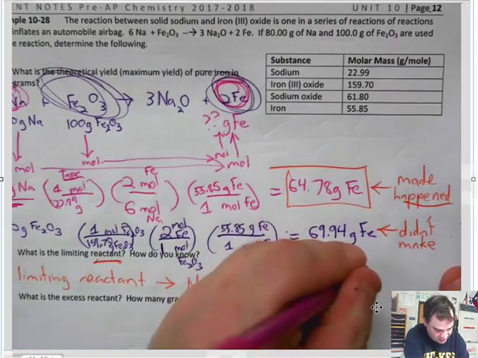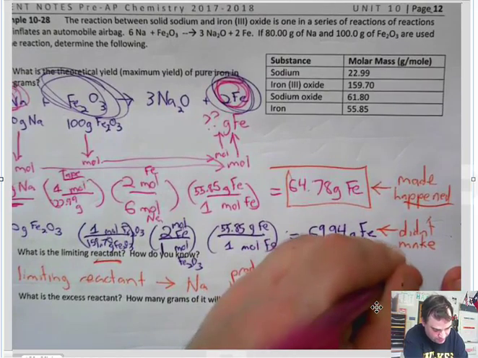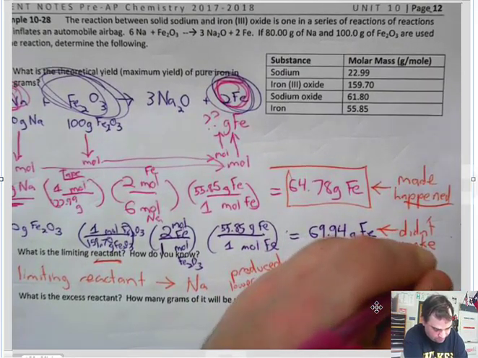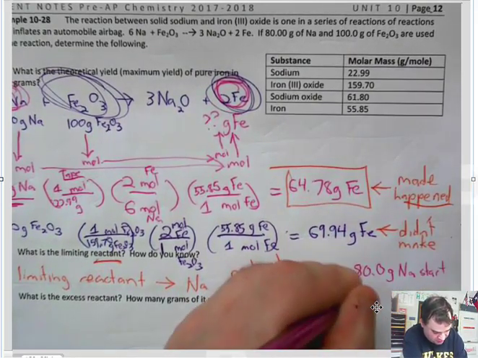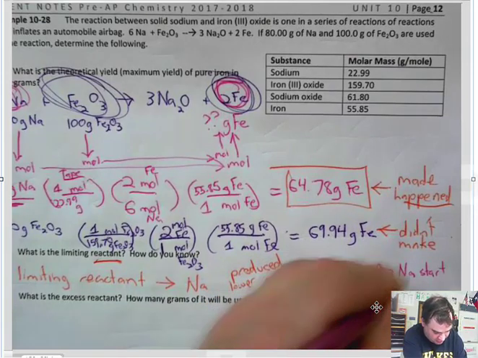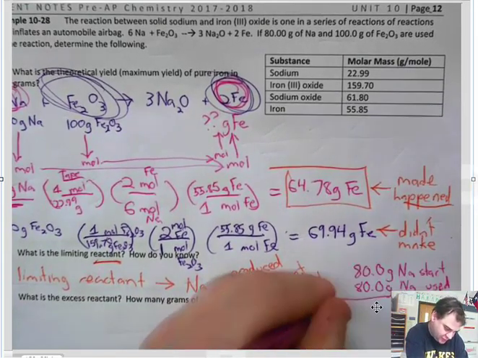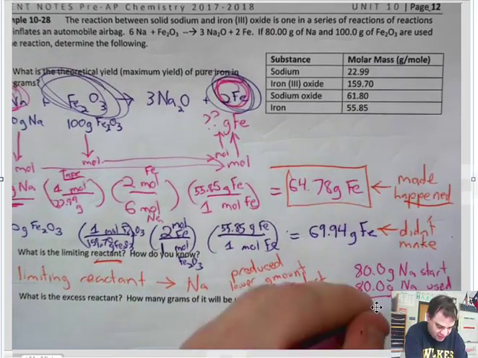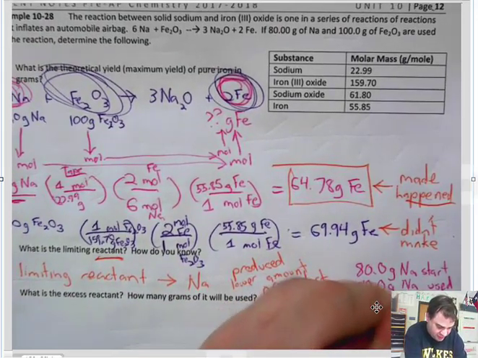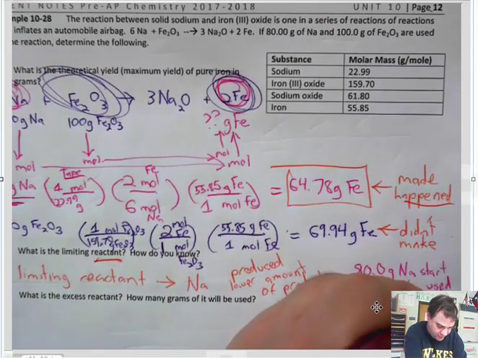You started with 80 grams of sodium. You used 80 grams of sodium because it's limiting. And we have 0 grams of sodium left.